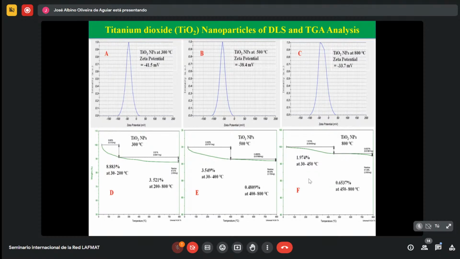While looking at the TG analysis, as temperature increases from 300 to 500 degrees, we see how much weight the material loses, and based on that, whether it is thermally stable or not. At 300 degrees, it is 3% weight loss.